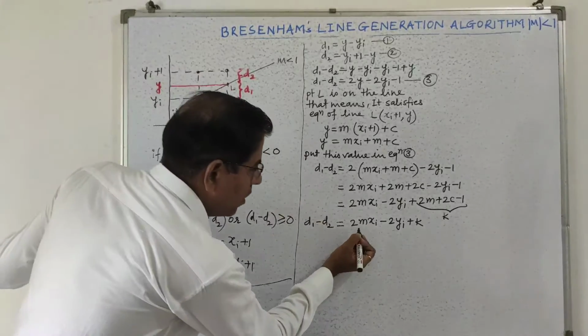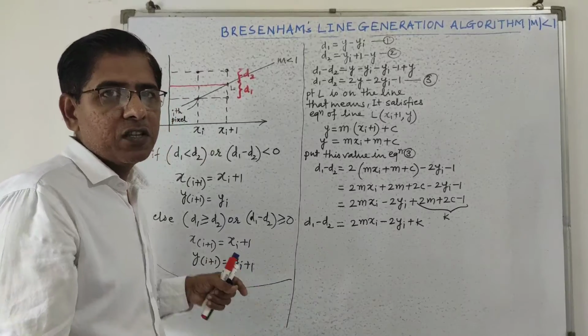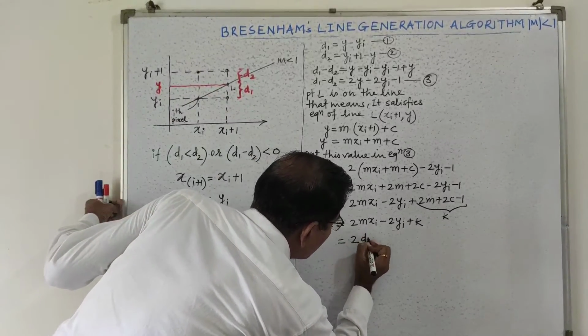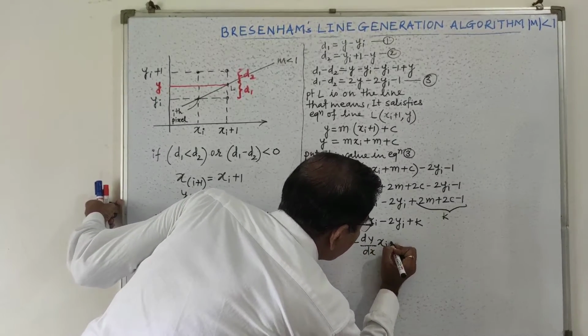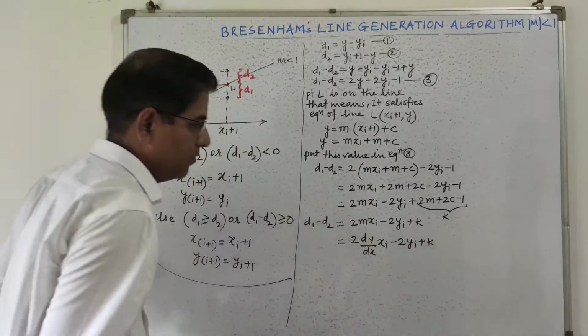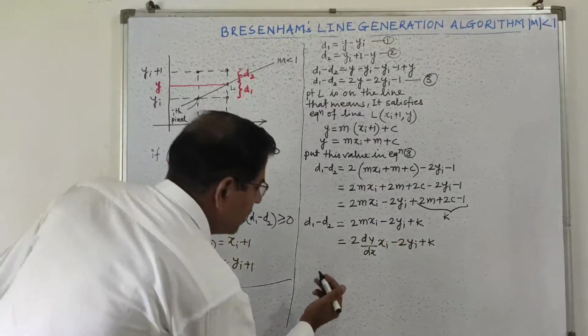Now replace this m by dy by dx. We know that m is nothing but dy by dx. So this is equal to 2 dy by dx xi minus 2yi plus k. Now multiply both sides by dx.